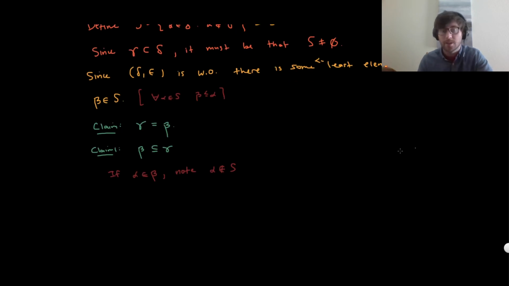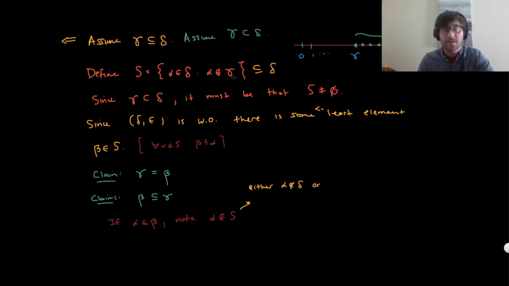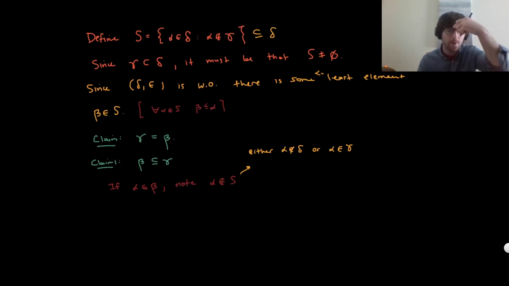So what we know is that either alpha is not in delta or, since the definition of S was all the things that are in gamma, alpha is in gamma. But why do we know that alpha is in delta? It's exactly because delta is transitive.